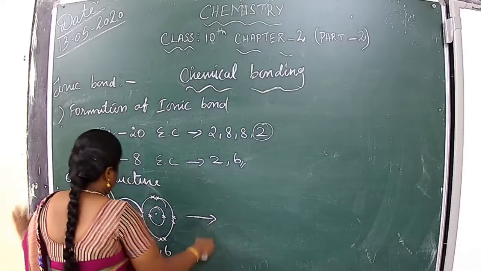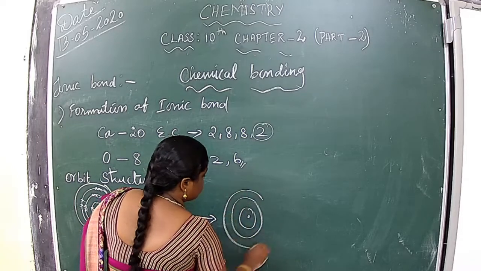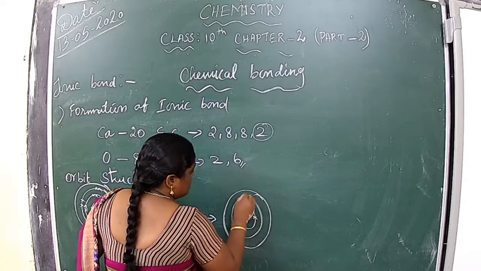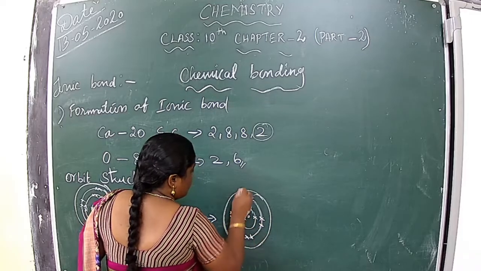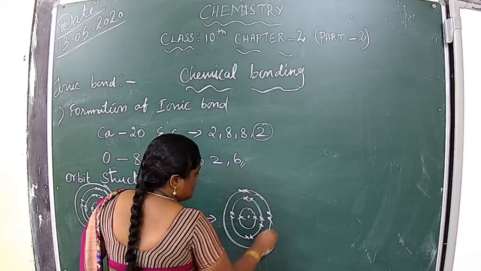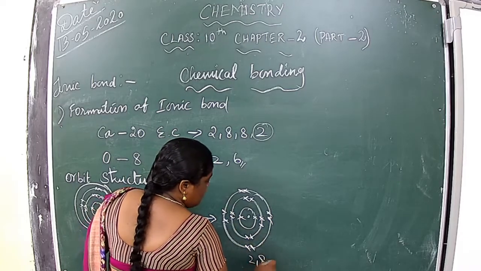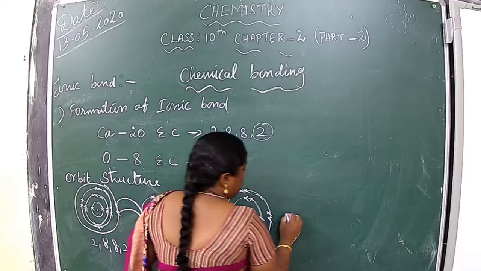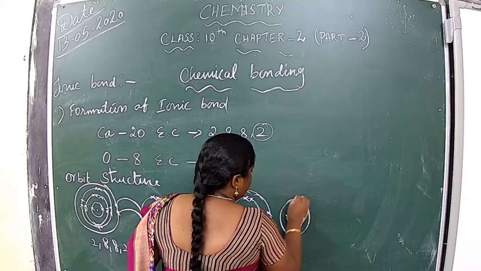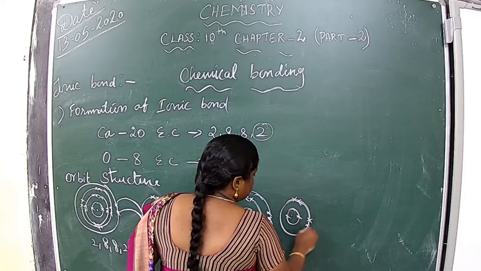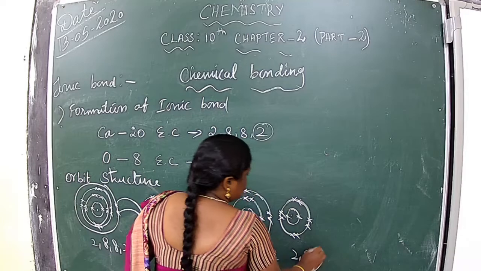Then it becomes 2, 8, 8, argon configuration, and oxygen becomes 2, 8.